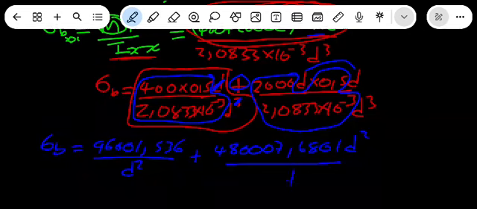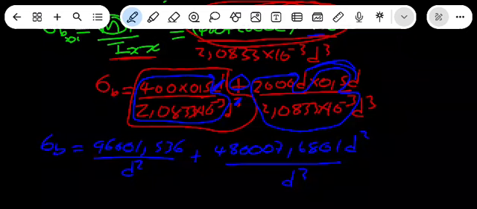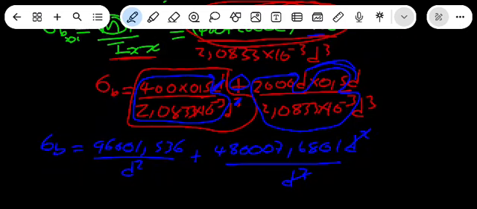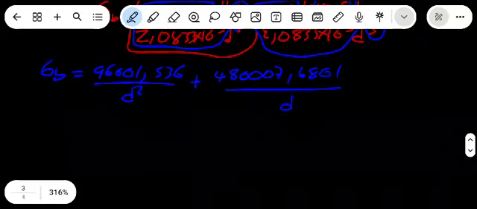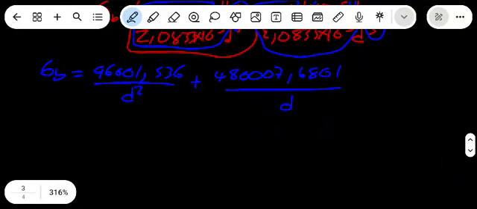Divided by d squared divided by d cubed. These two will multiply, but now this and this will cancel, so we're left with what? With d only, since this is cubed. All right, this is what you have now.